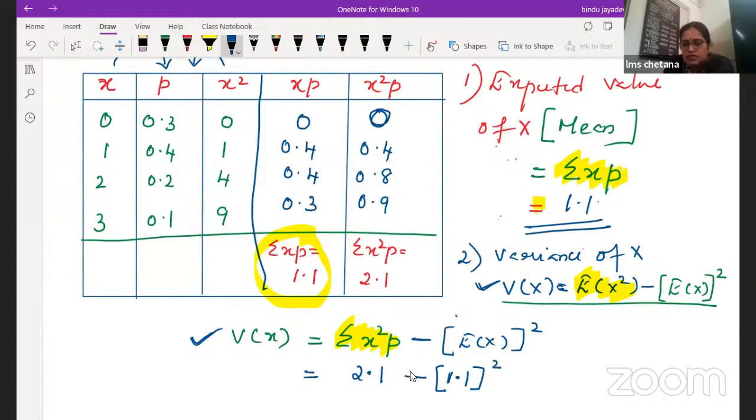Therefore, this is equal to 2.1 minus, we have to solve the bracket first: 1.1 into 1.1, calculate. Square is 1.21. Correct. Now for the last answer: 2.1 minus 1.21 is 0.81. So please practice this question also.